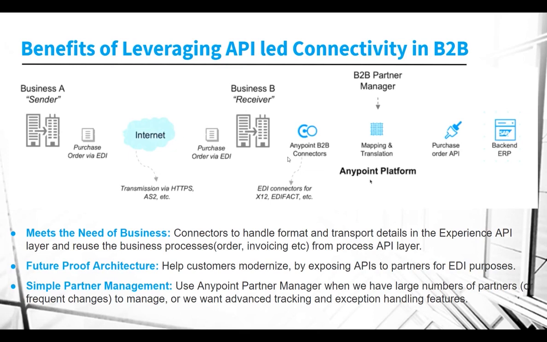And once you convert that, it goes to your purchase order API. Now, what is the Anypoint B2B partner manager doing here? All this translation, when you receive the message and translate it to your own JSON schema, happens at this layer, the B2B partner manager layer.